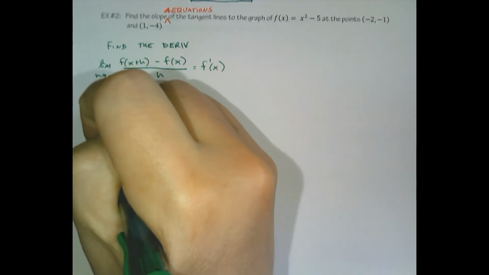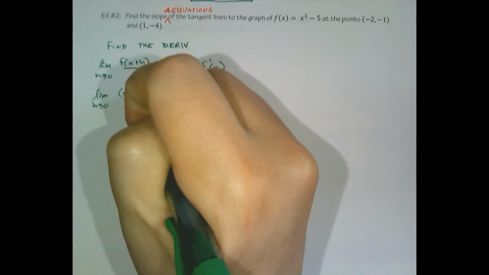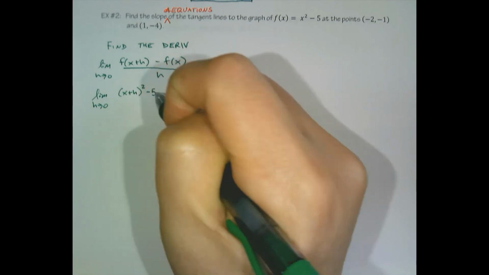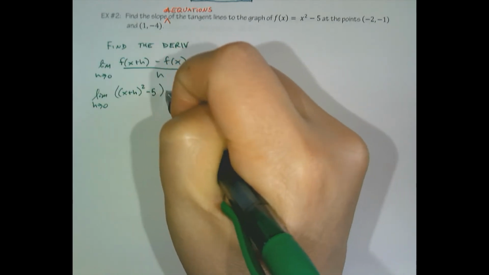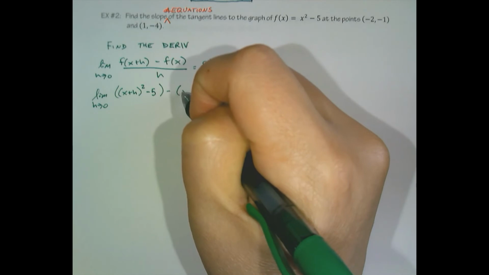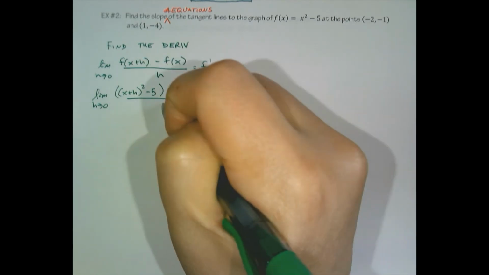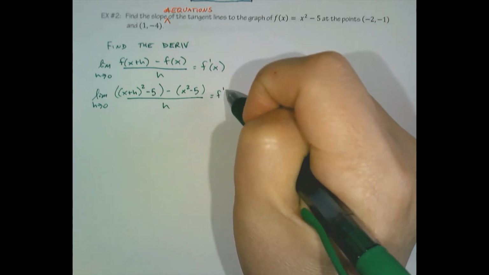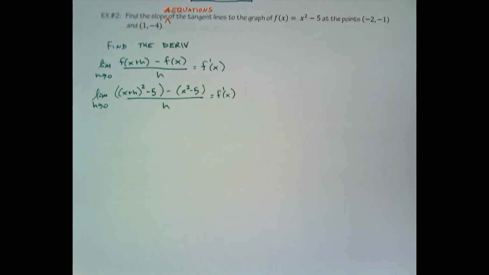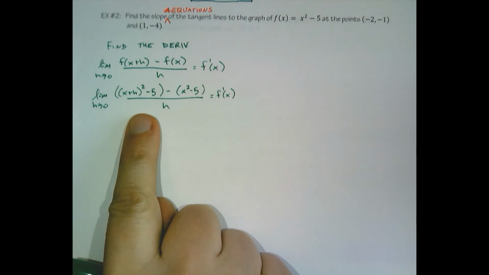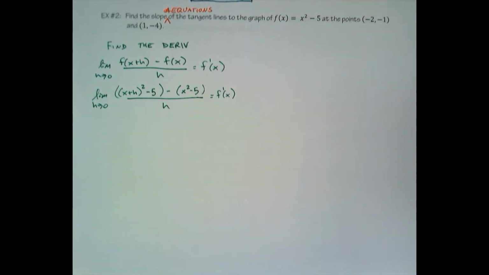So what that looks like is x plus h goes in for the variable, and then x goes in for the variable. From here we need to expand this all out and cancel terms that cancel. So I'm going to do that off camera.